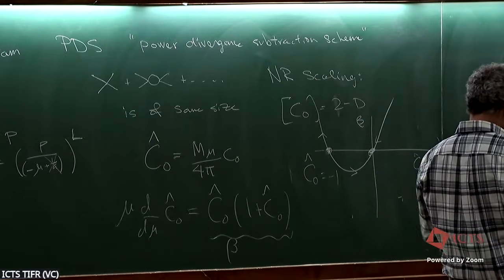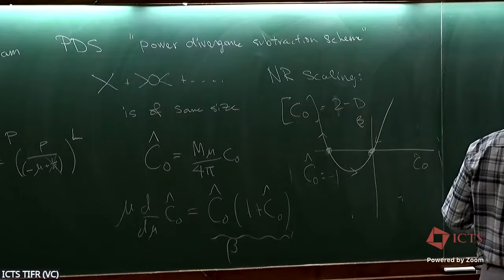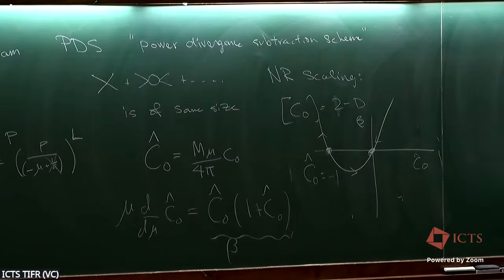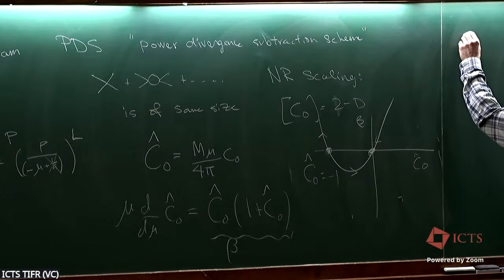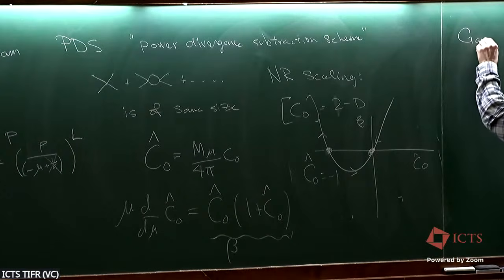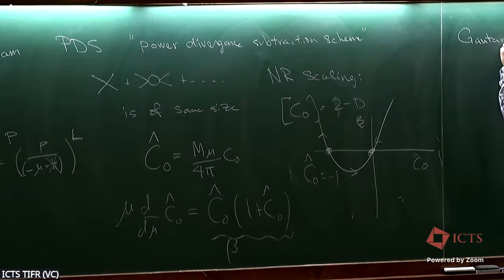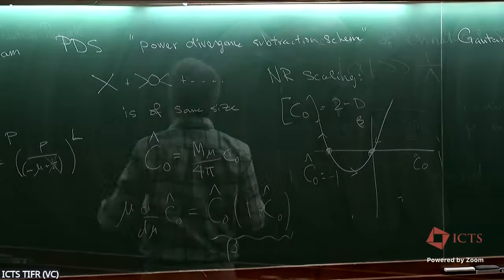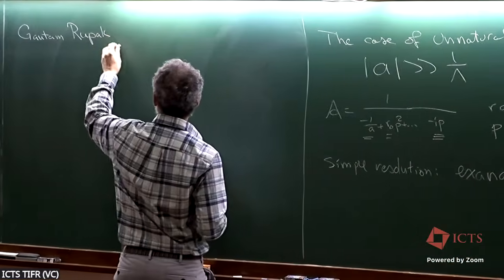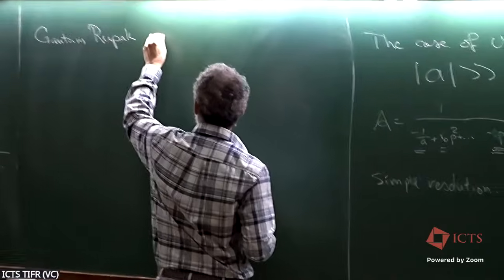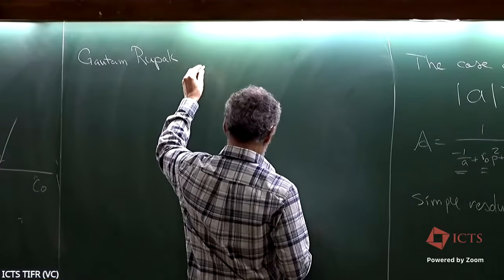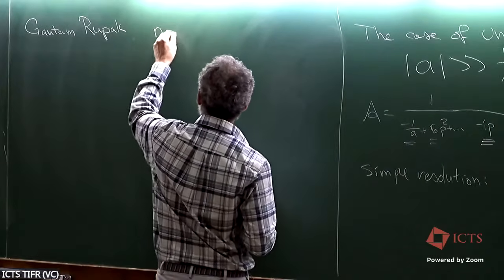And so I'm just going to mention one which you might look at if you're interested. I dropped the reference here, but it's in my notes, but it's a paper by Gautam Rupak, who was a graduate student at the time at University of Washington, and is now a professor in Mississippi. He looked at np to d gamma.